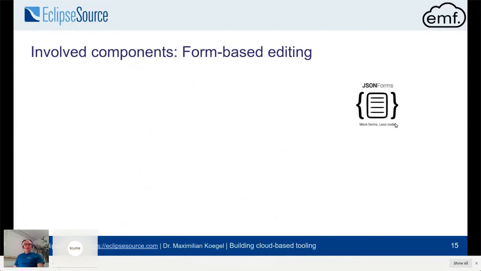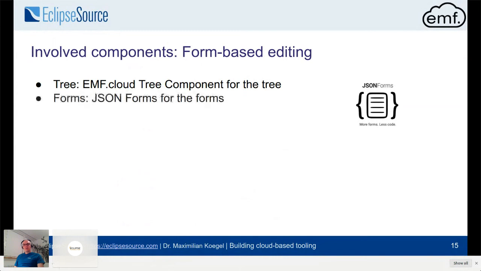Now, obviously, this form was not just implemented manually. This form-based editing is based, for the tree, on an EMF Cloud tree component that gives you that hierarchical structure. And for the form, it is based on a framework called JSON Forms, which allows you to declaratively define forms.